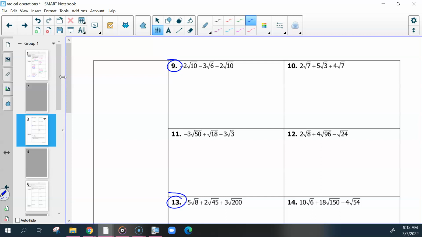Are these as simplified as possible? Some said no, and I saw some yeses. Give me two factors of 10. 2 and 5. Those are both prime. I cannot make a pair with those, so 10 is as simplified as possible. What about 6? Factors of 6. 3 and 2. Those are also prime numbers.